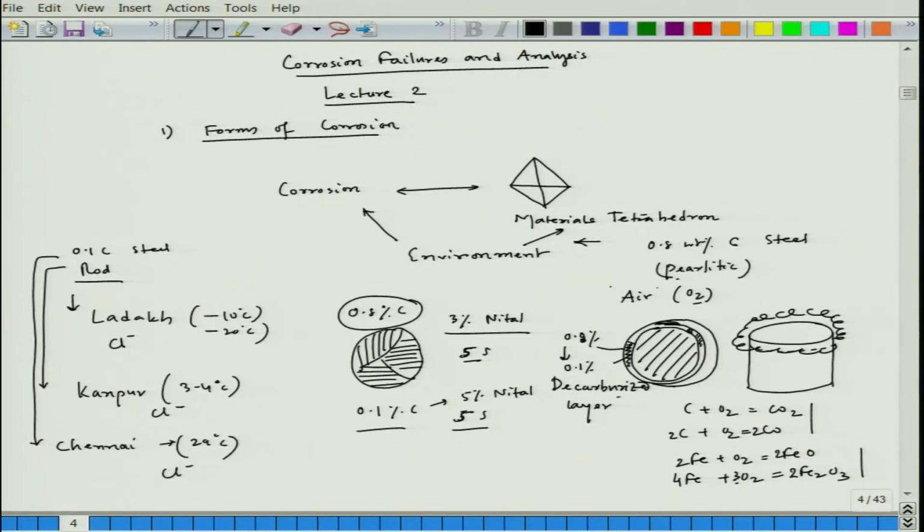So, there you have a huge amount of chloride ion presence, and the temperature is also high. If you see the corrosion of this steel in 3 different cities, here the corrosion would be less, in Kanpur the corrosion would go up a little, but in Chennai the corrosion would be maximum, because it is not only temperature, at the same time there is the presence of chlorine.